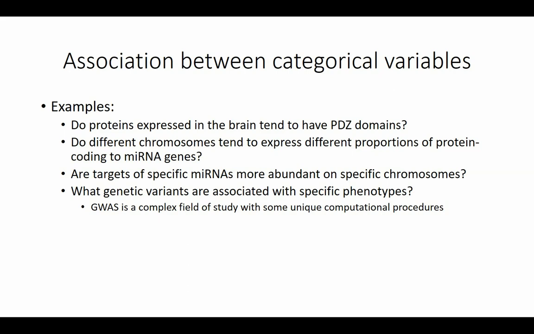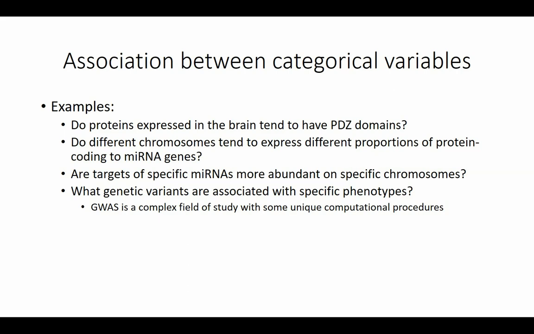The thing we're going to do essentially is just to count genes. We're going to count protein coding genes and microRNA genes. Each gene can be either protein coding or microRNA. And in the end, we might get some table, which is called a contingency table.